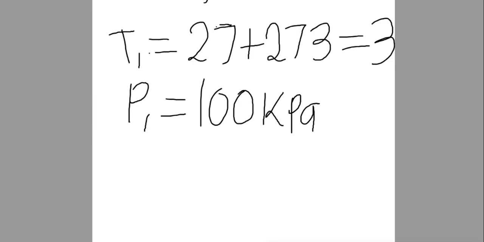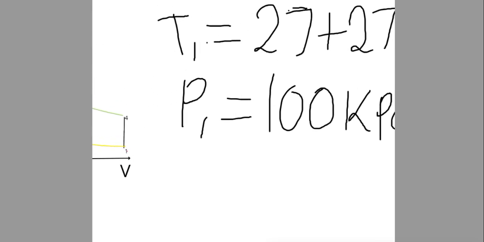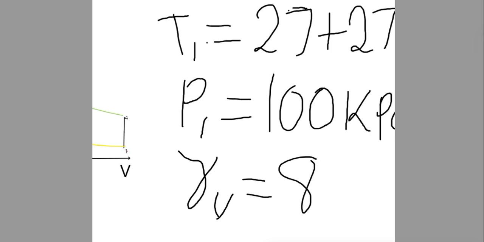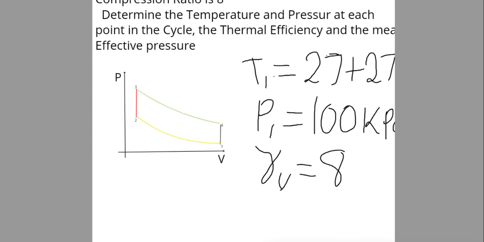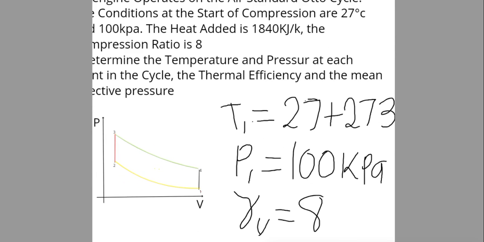Our compression ratio r is equal to 8, and we know our compression ratio is equal to V1 over V2, so let's just keep that in mind.